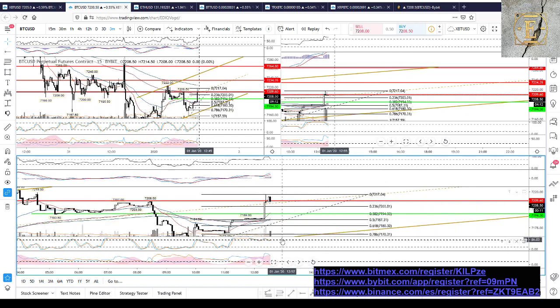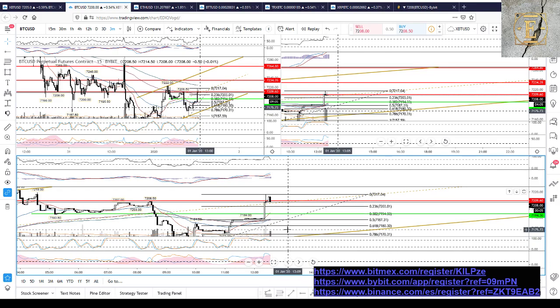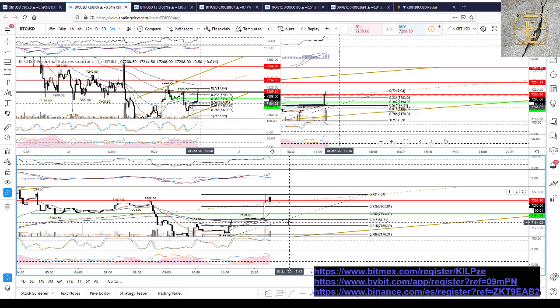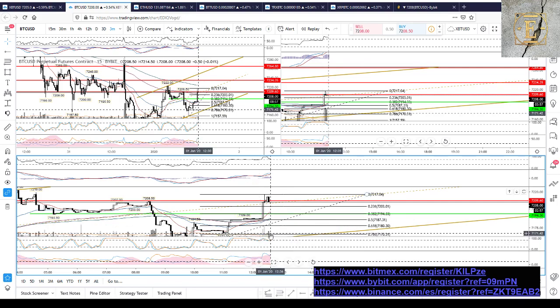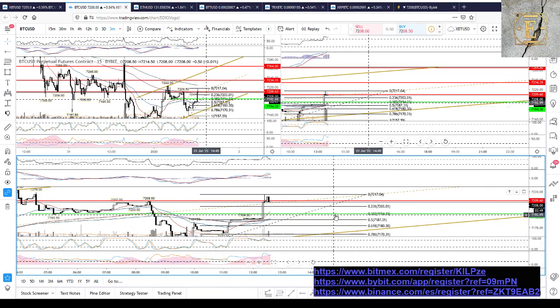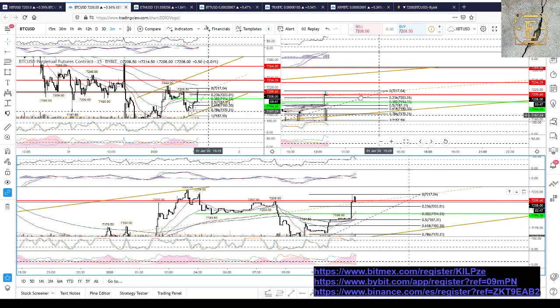No response by the bulls at this moment. 10 seconds to end. And that, okay, so volume engulfing, indicators going down, oscillators going down, volume is with me, and let's see.